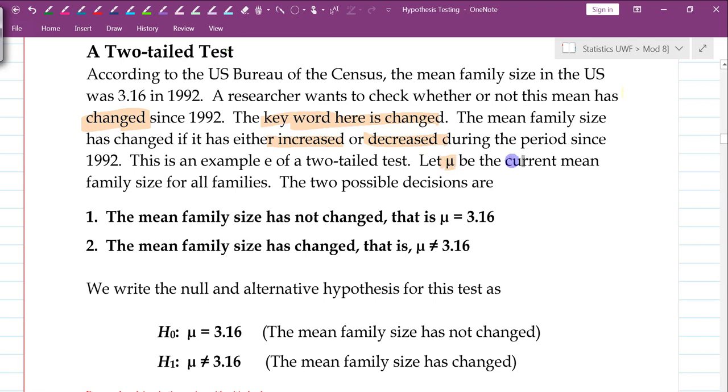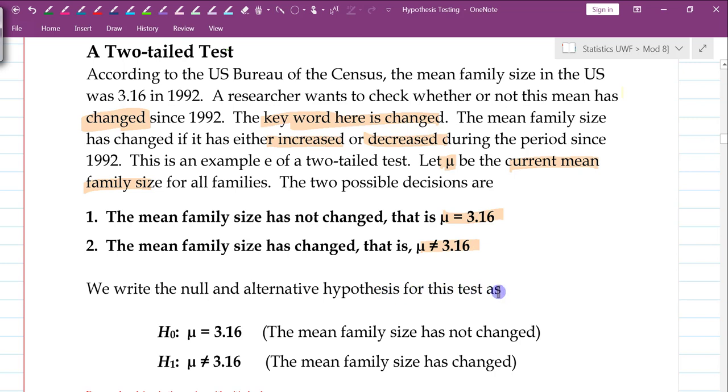Let mu be the current mean of the family size for all families. The two possible decisions are, 1, the mean family size has not changed, that it is still mu equals 3.16. Option 2, the mean family size has changed in that it is not mu equals 3.16. Those are the only two options, okay? So we're going to write the null and the alternative hypothesis for this test.